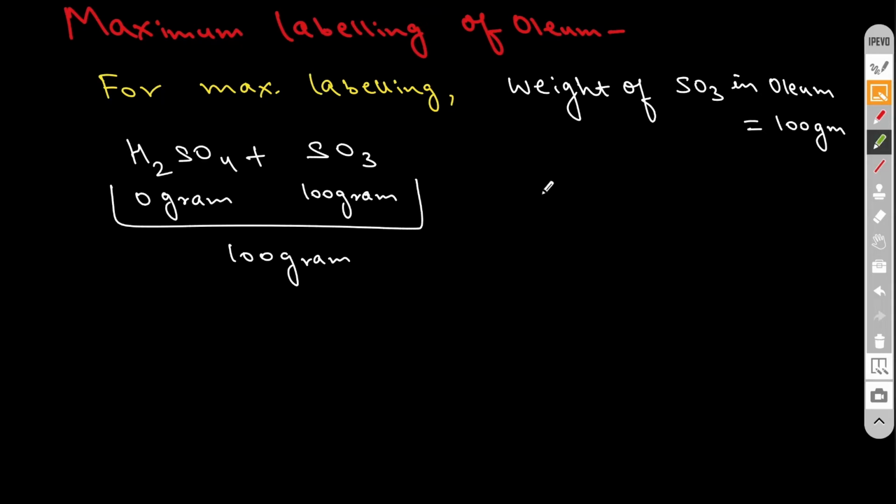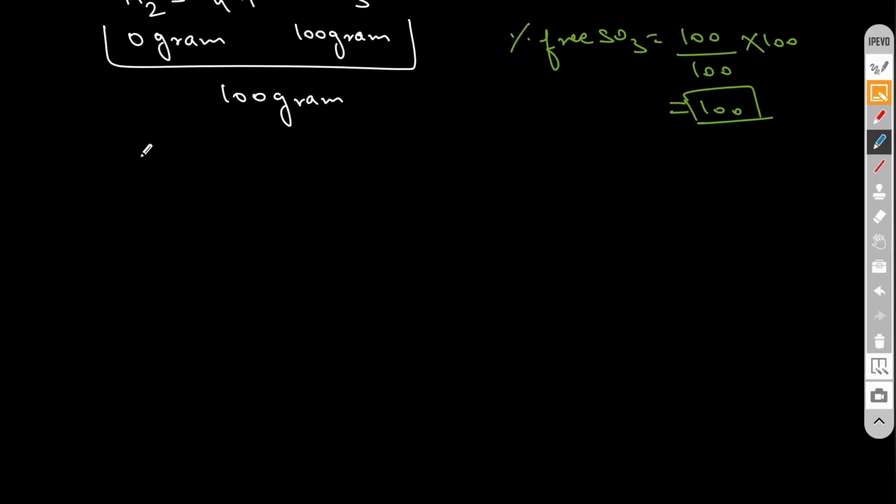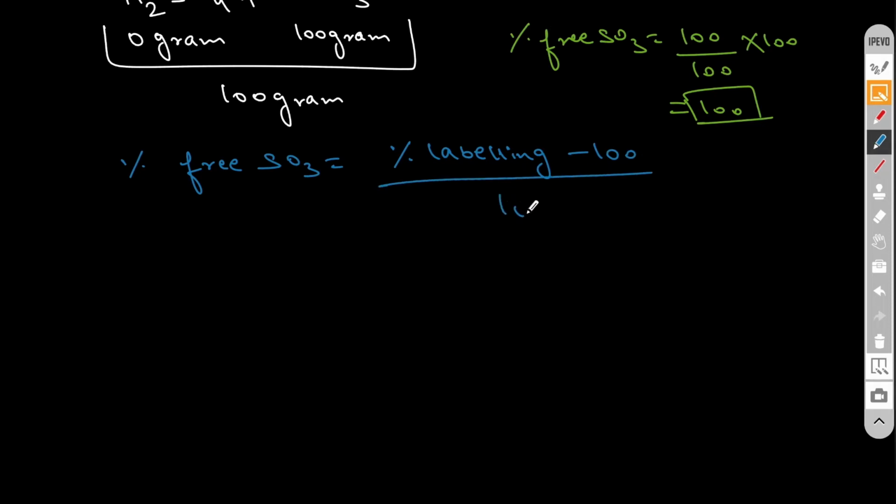Now we'll write the percent free SO3 in this case, which is 100 divided by 100 multiplied by 100. It will simply come out to be 100. We got the percentage free SO3. Using this, we'll write percentage labeling of oleum in this case. We'll first write the formula: percentage free SO3 is equal to percentage labeling minus 100 divided by 18 multiplied by 80.